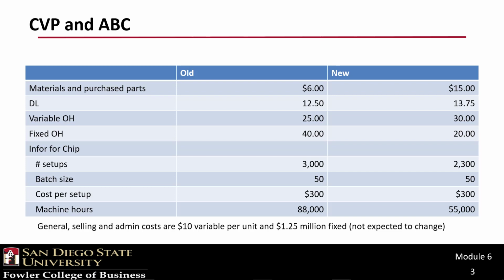In addition, the number of setups is reduced from 3,000 to 2,300. Batch size remains the same, the cost per setup remains the same, but the number of machine hours is going to be saved dramatically as a result of going to the new process. Lastly, general selling and administrative costs are $10 variable per unit and $1.25 million fixed, and those are not expected to change.